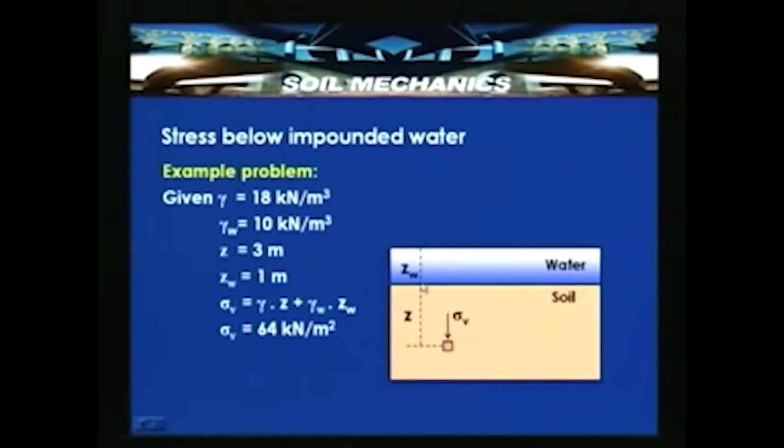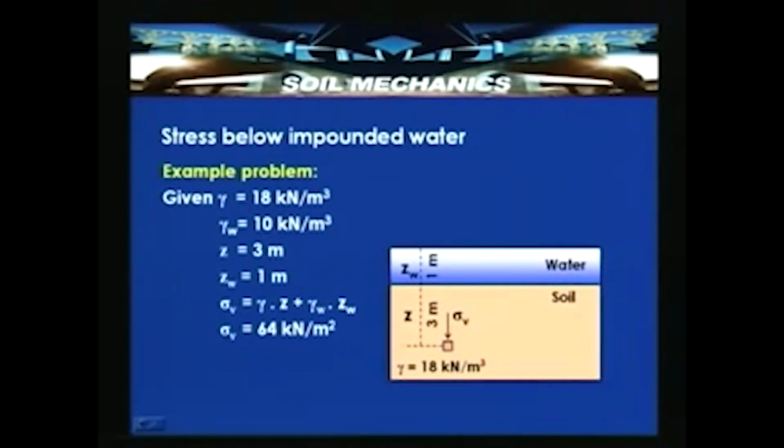ZW is the height of the impounded water and Z is the depth at which we are trying to determine the vertical stress due to soil mass as well as due to the impounded water depth above the ground surface. Now, these are the depths which are given, 3 meters and 1 meter, and the unit weight of the soil is 18 kilonewton per meter cube.